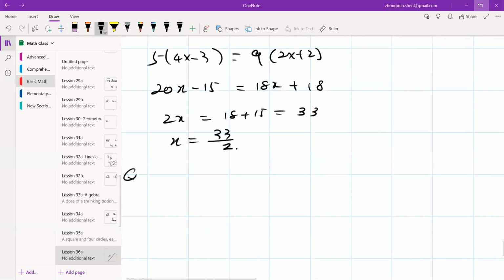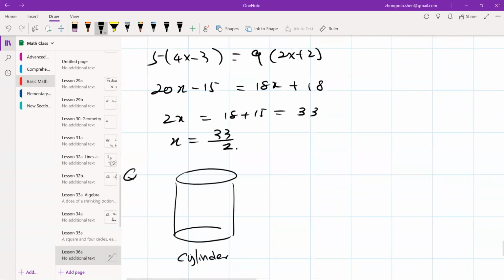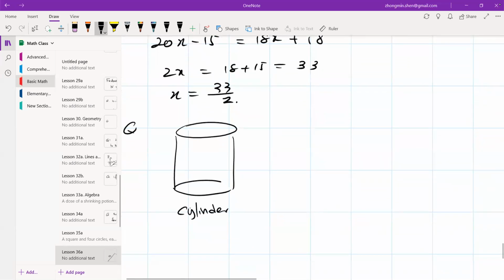All right, so I'm going to look at the cylinder. I hope you remember the cylinder, okay? This is a circular cylinder. The diameter and the height of a closed cylinder are equal. We know that the diameter equals the height.